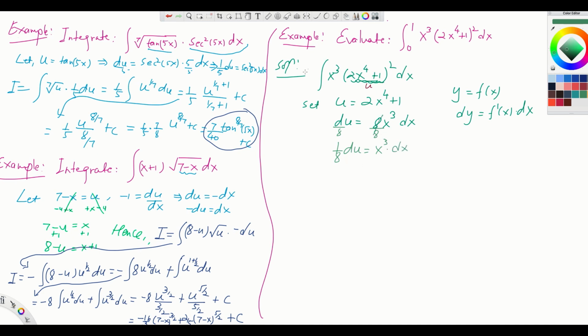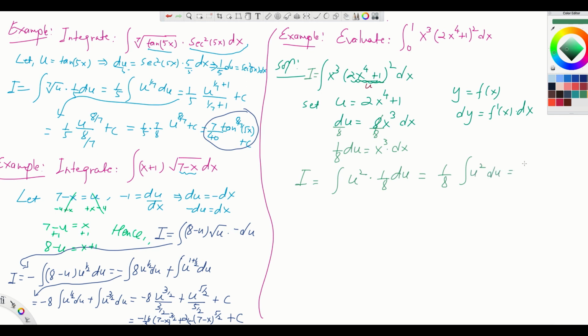So here, what is the integral? Let's say this is I. So the integral I is equal to u squared, because that was u squared, and x cubed times dx is 1 over 8 du, right? So I can pull that 1 over 8 out, and then I got u squared du. You see that?